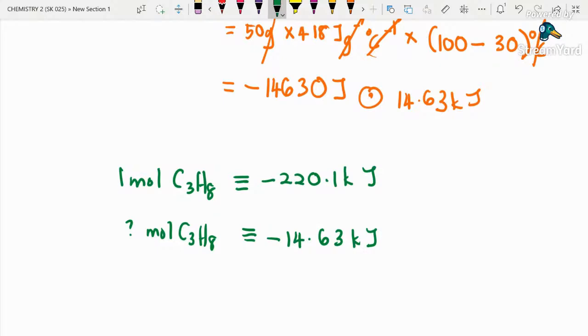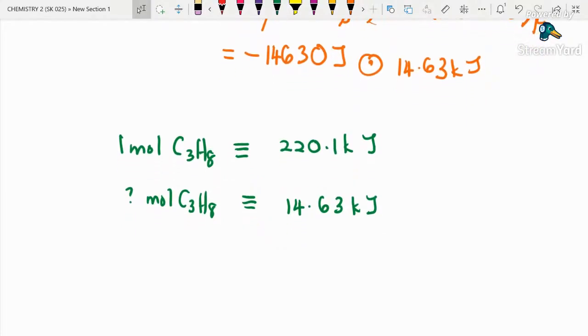Okay, negative only indicate that the heat was released. So you tak payah letak negative pun tak apa, supaya nanti takut awak tersalah dalam calculation. Now you already get this, and then you nak letak apa? Cari mol. Berapa mol?